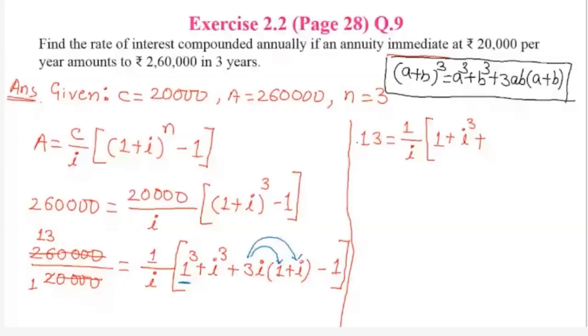So write that 3i. Then 3i plus 3i multiplied by I. Dhruv, how much? Yes, 3i square.